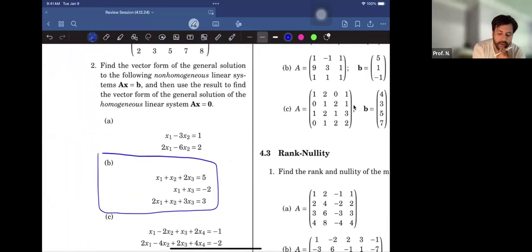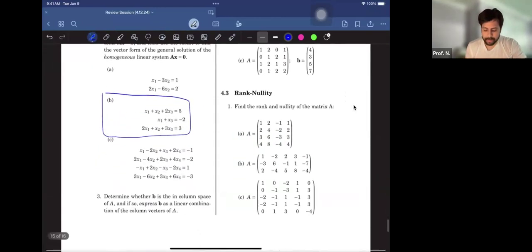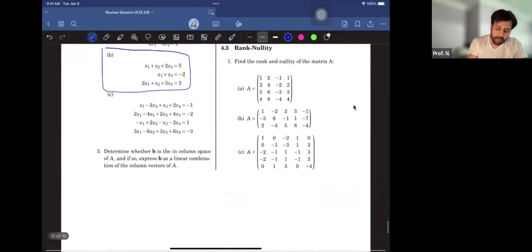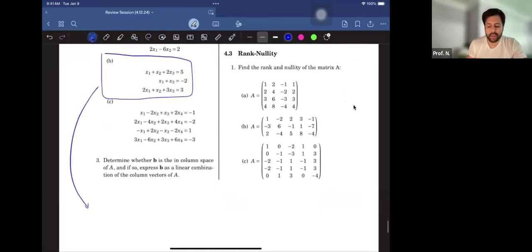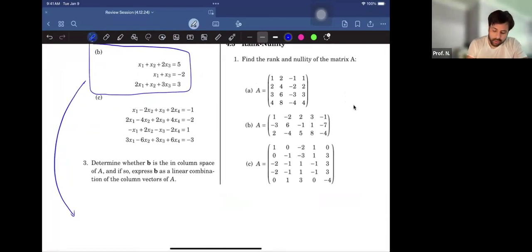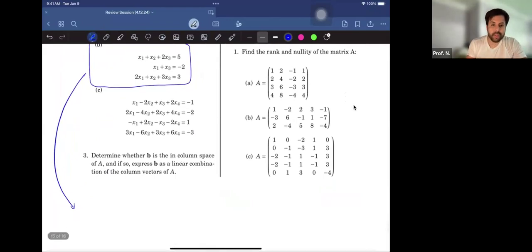So I want to figure out the general solution to the non-homogeneous linear system and then find the general solution to the homogeneous system. Okay. To do this problem, it's a very standard problem, the same old thing about just solving. So how do you solve this? Well, I would put it in a matrix.